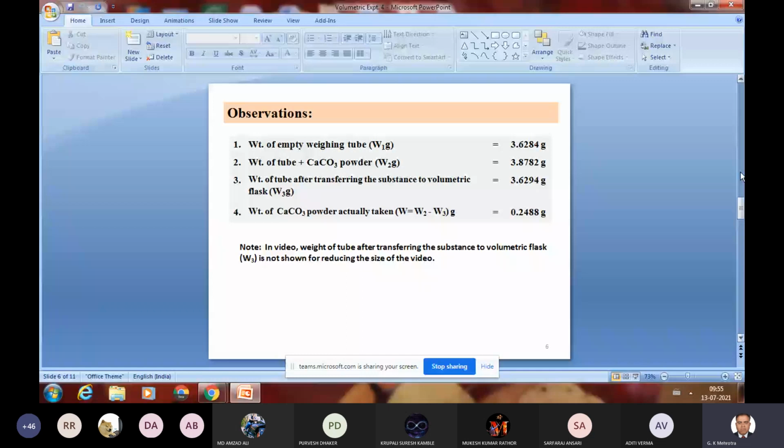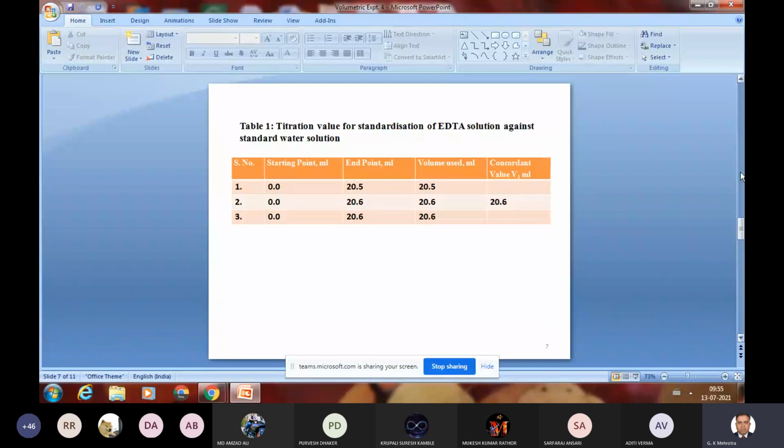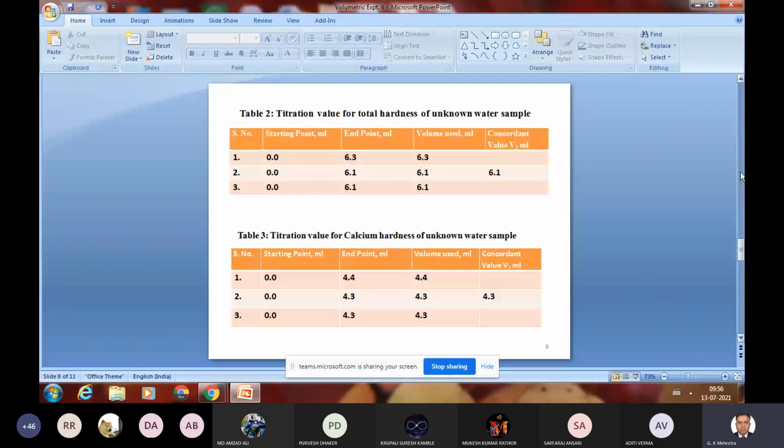Again, the value for standardization of EDTA solution against standard hard water solution is given. Data are given. Again, titration value for total hardness is given. Again, titration values for calcium hardness of the unknown water sample are given. The sample is one only. The same sample is used for total hardness.